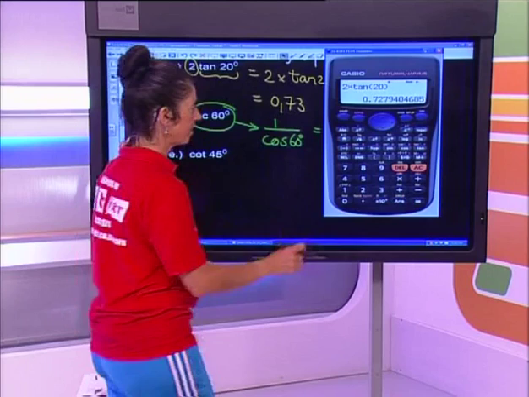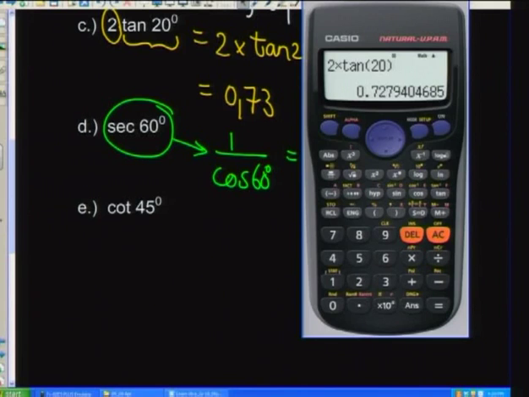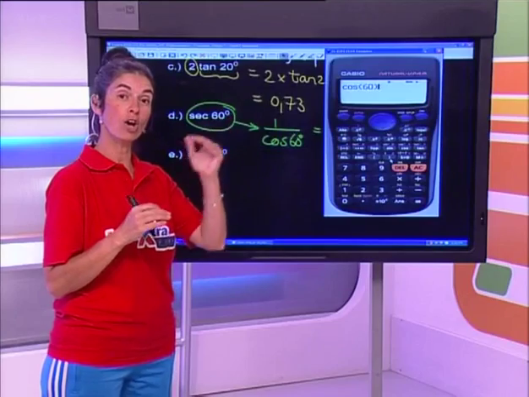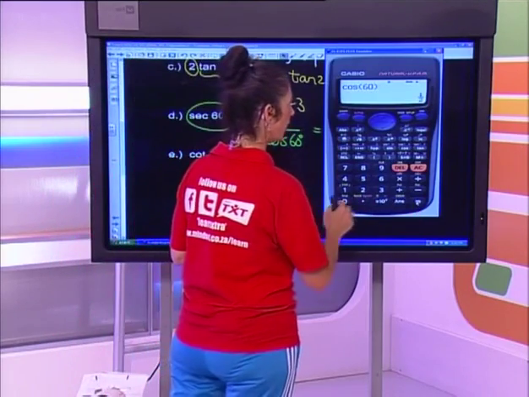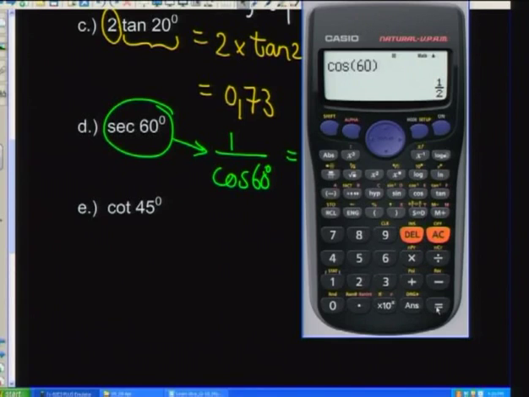What the calculator does have is the cos 60. So we would go cos of 60 degrees, but we're not looking for the cos of 60 degrees. We're looking for 1 over cos 60 degrees because we'd like the sec of 60. So we would take that value, and then take the reciprocal. You'd look for your reciprocal function, which is the 1 over x button, which is over there.